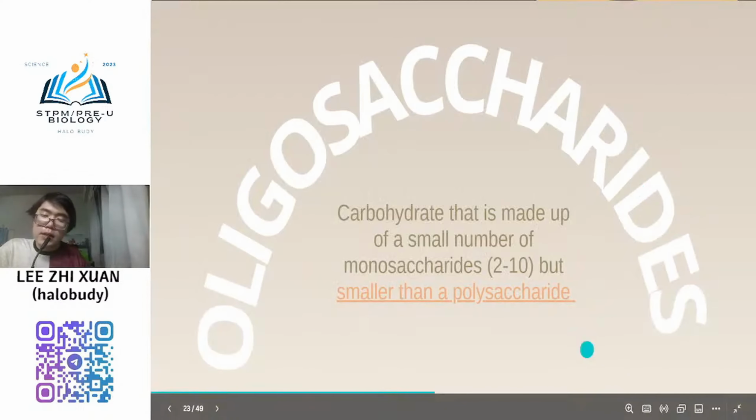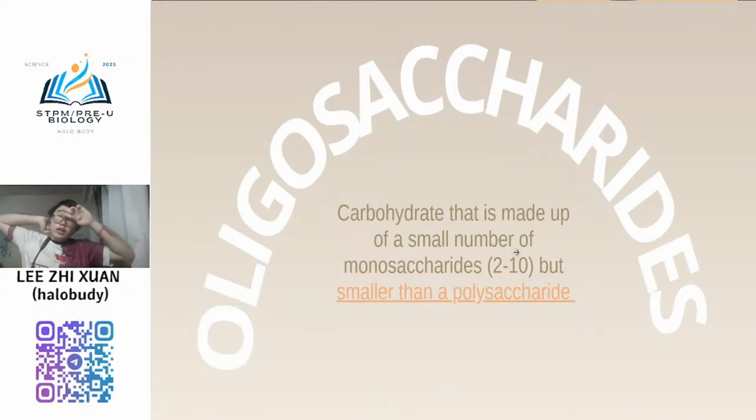And another one is oligosaccharide. Although this one is not in the syllabus, I just want to let you know that before polysaccharide, which is very highly complex, there are also oligosaccharides. Oligosaccharide is a carbohydrate made up of a small number of monosaccharides.